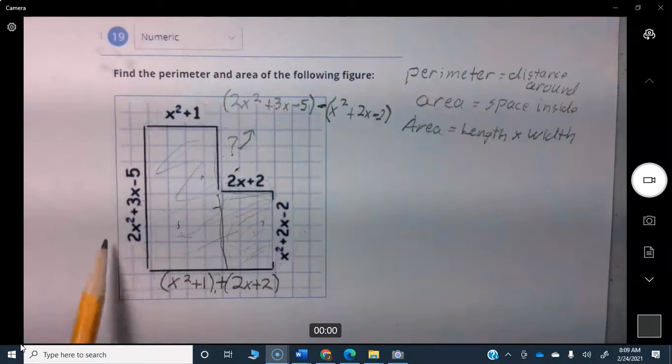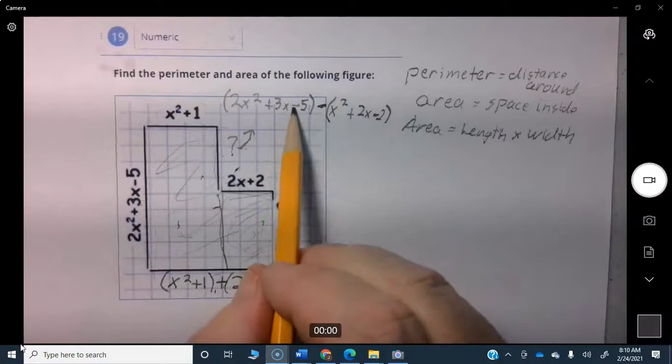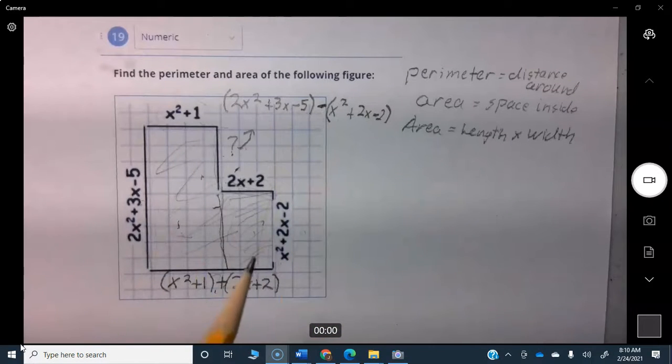Okay, so now you have a polynomial addition, two binomials there. You can call binomials polynomials, it's okay. And there you have a polynomial subtraction. So we've done both of those things before.